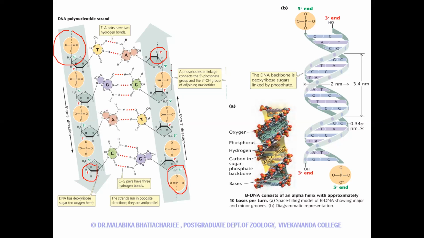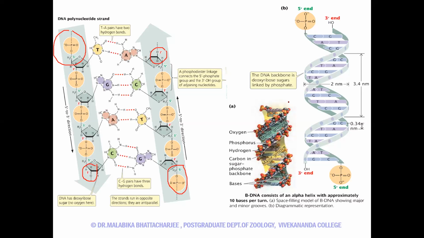So if this is 5' to 3', this direction will be 3' to 5'. This is the sugar phosphate backbone, and the nitrogenous bases are protruding inward, as I said in my earlier picture, where G pairs with C by 3 bonds and A pairs with T by 2 bonds.